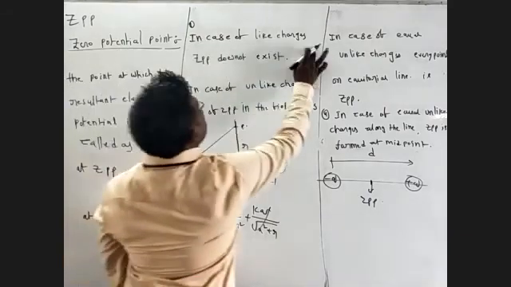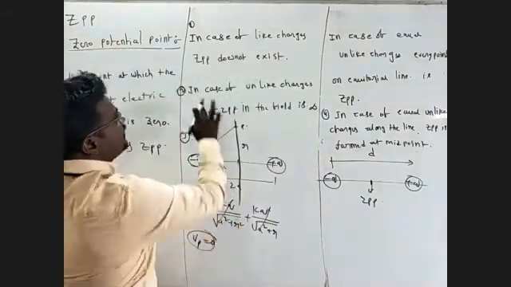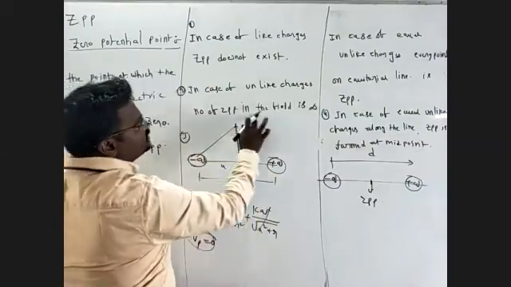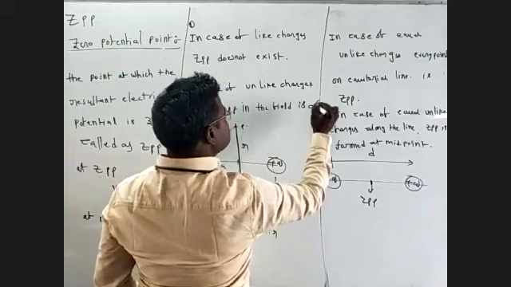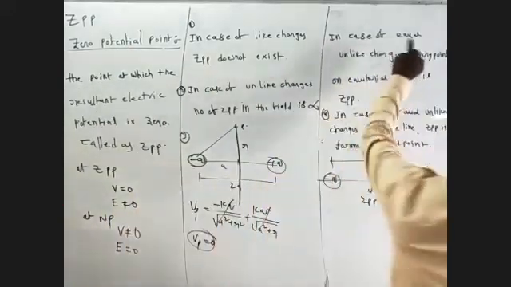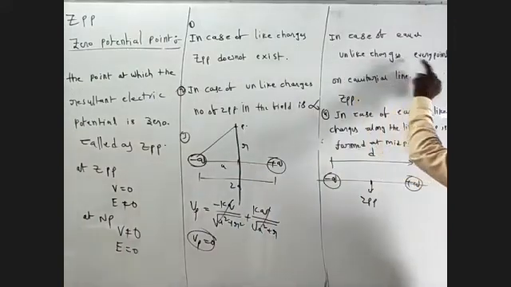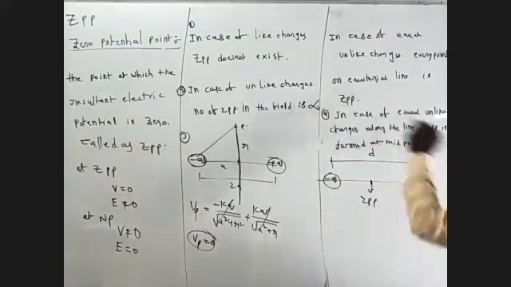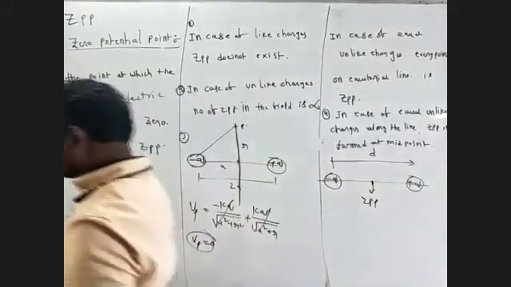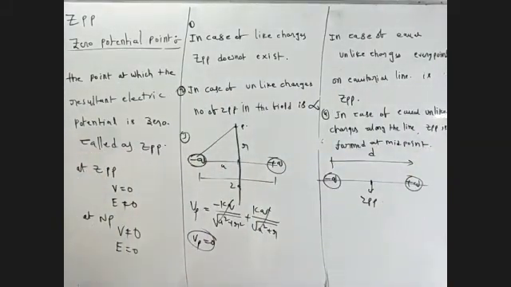In case of like charges, ZPP does not exist. In case of unlike charges, the number of ZPP in the field is infinity. This is in case of equal unlike charges, every point on the equatorial line is ZPP. So the midpoint exists.